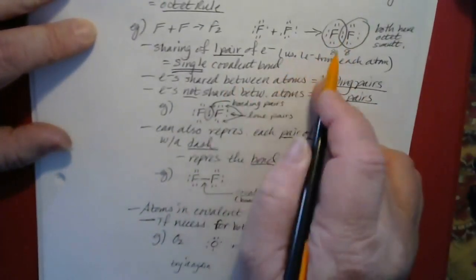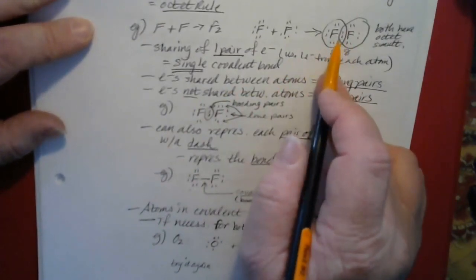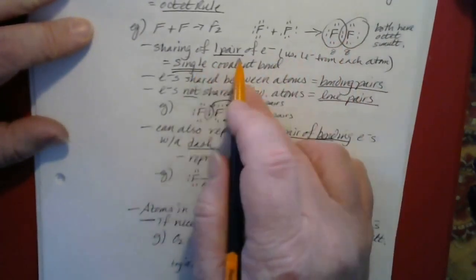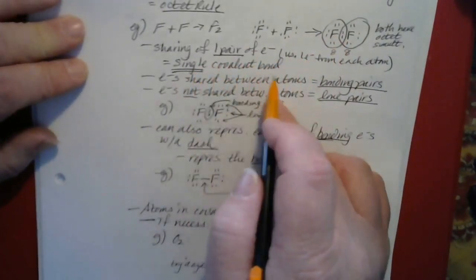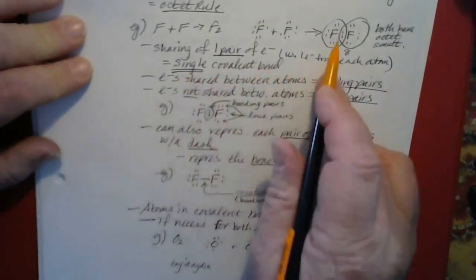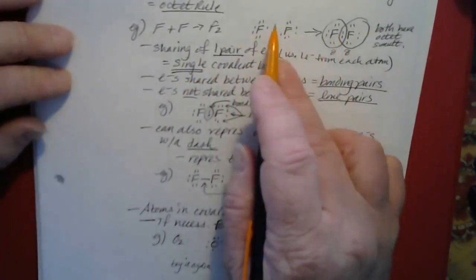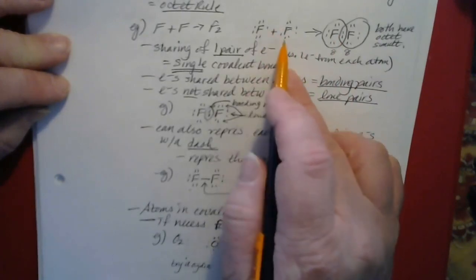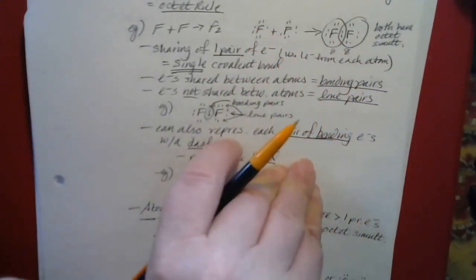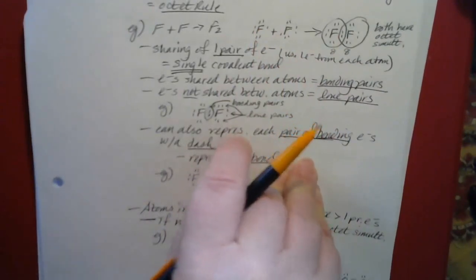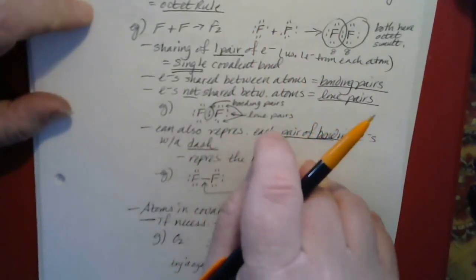When two atoms share one pair of electrons, like the fluorine atoms are doing in this case, that is considered a single covalent bond. A single covalent bond usually consists of one electron from each atom, like it does here, but there are some cases where both electrons might come from one of the atoms and none of them from the other atom.